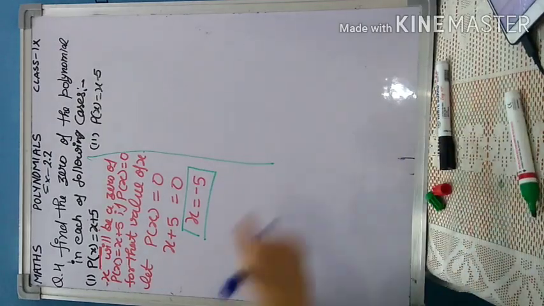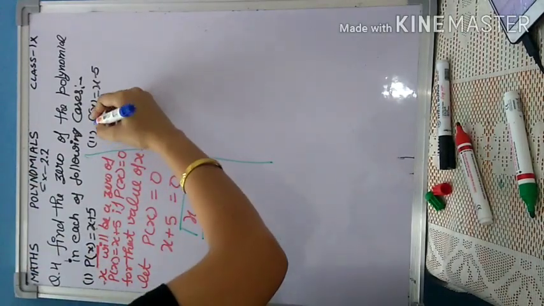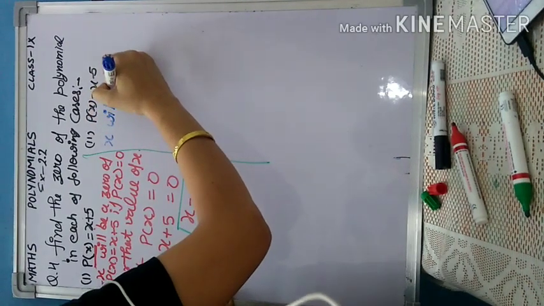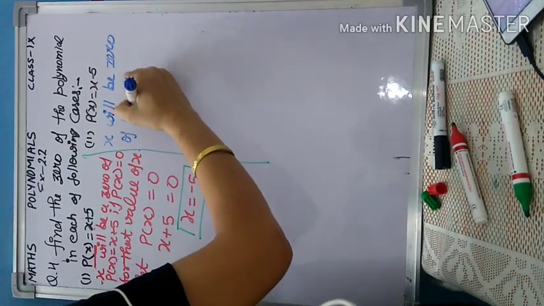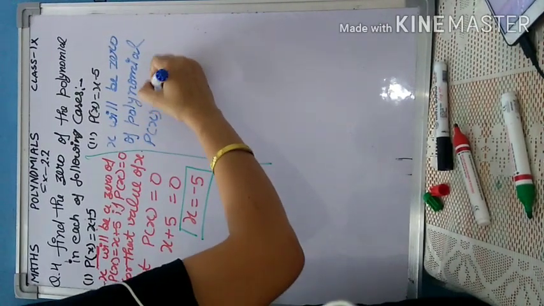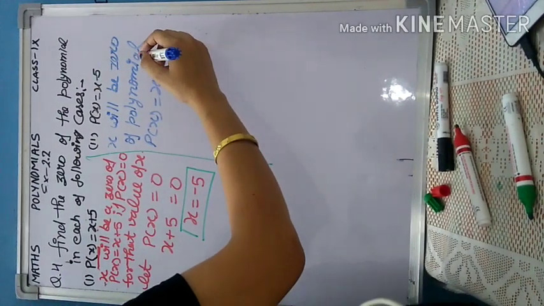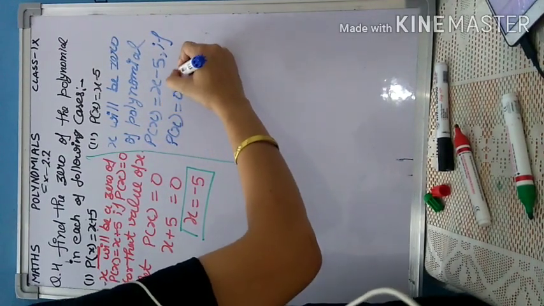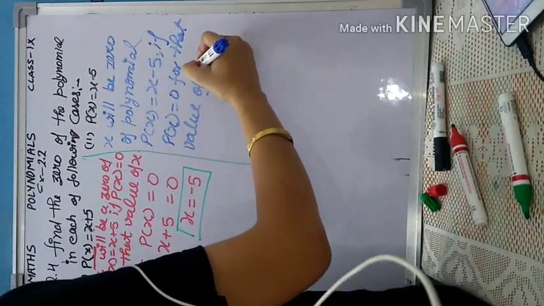Clear? The second question, let's see here. For this p(x) = x - 5. Similarly, x will be a 0 of the polynomial p(x) = x - 5 if p(x) = 0 for that value of x.